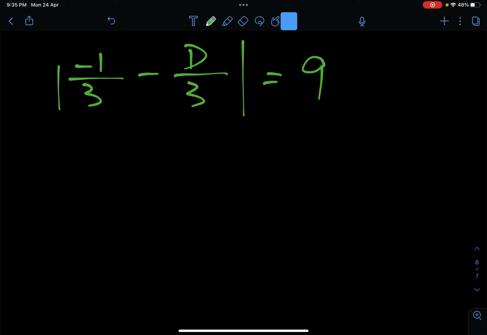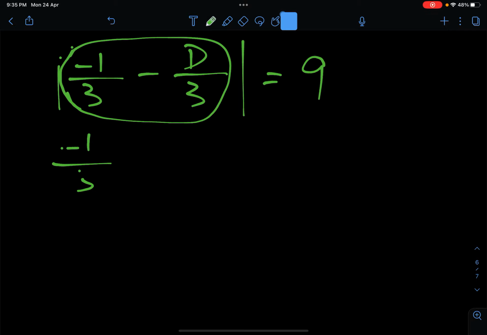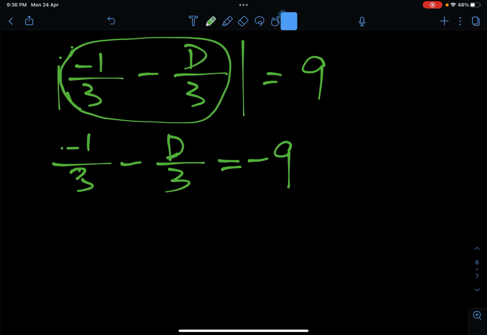Now I'm going to remove the mod. What does mod mean? If the inside, minus 1/3 minus D over 3, is equal to negative 9, when I mod this, it becomes plus 9, because I only need the magnitude.